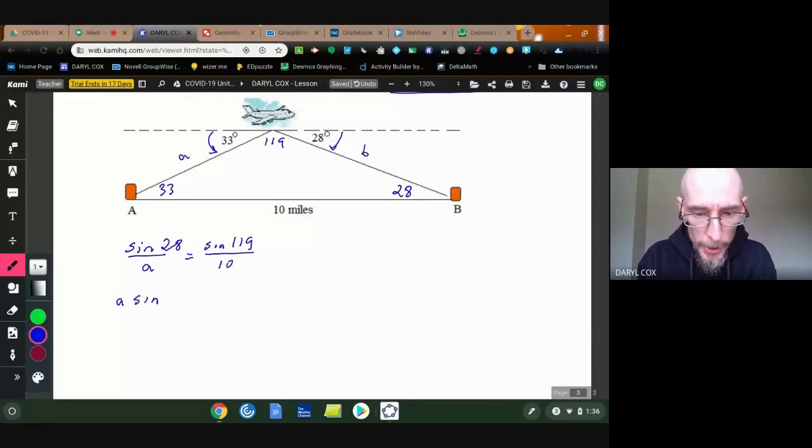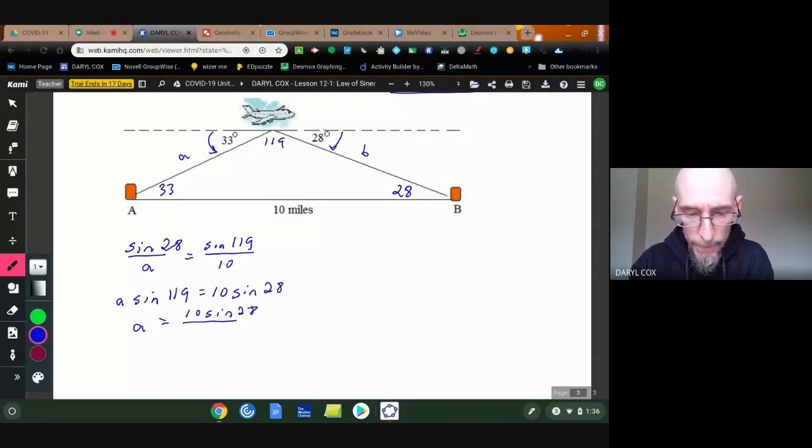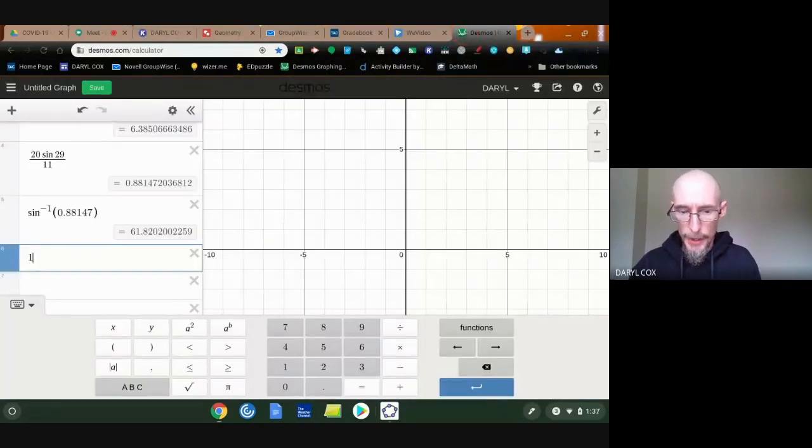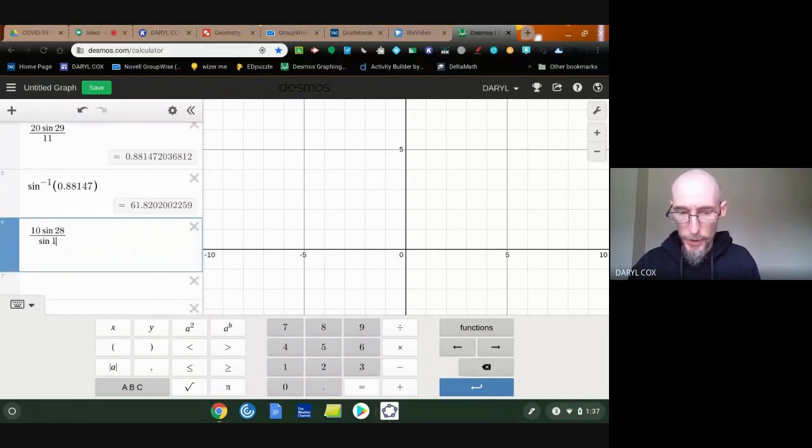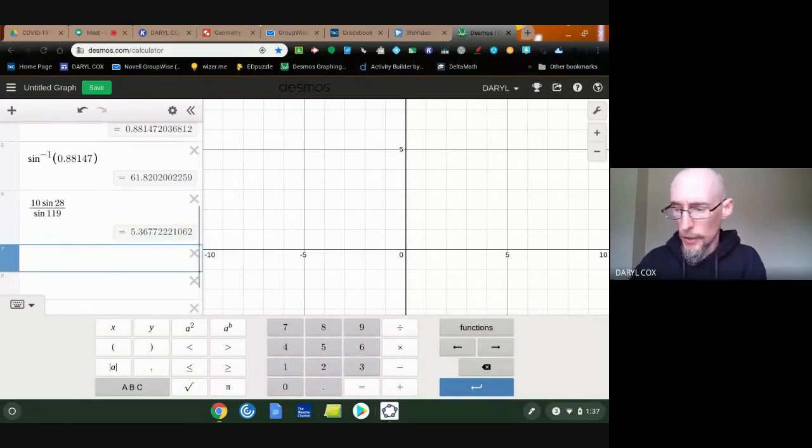Cross multiply. Divide by that sine of 119. And now we're ready to put that into the calculator. So that's 10 sine of 28 divided by sine of 119.